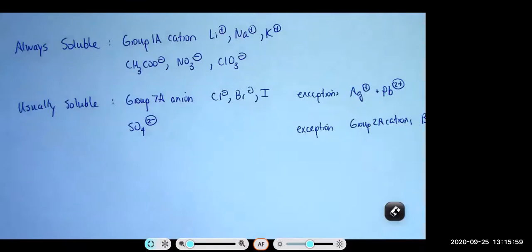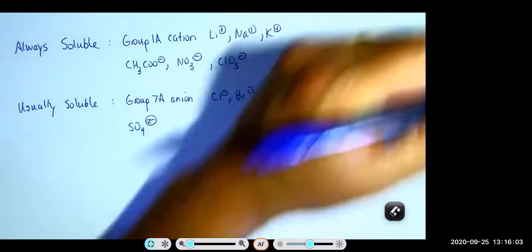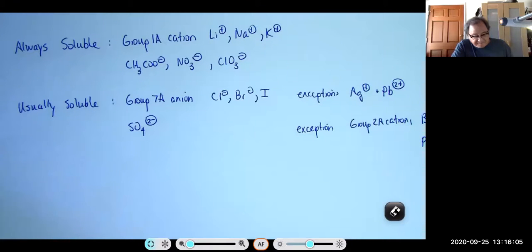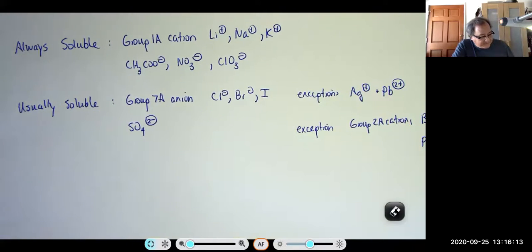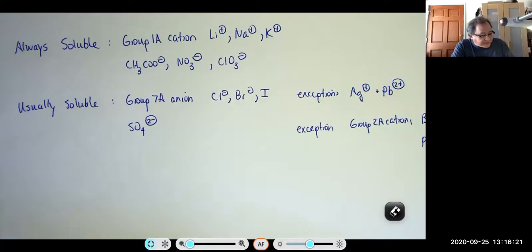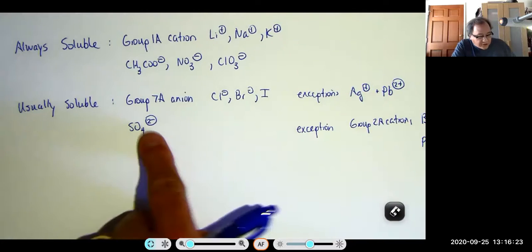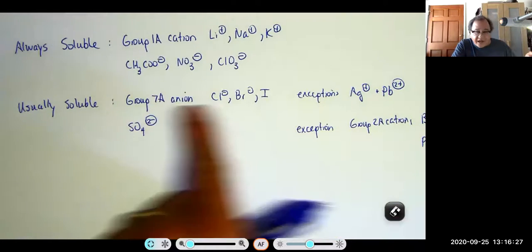In addition, lead is an exception. Those are the non-soluble ones. These are the exceptions. So barium sulfate, not soluble. Strontium sulfate, not soluble. Calcium sulfate, not soluble.